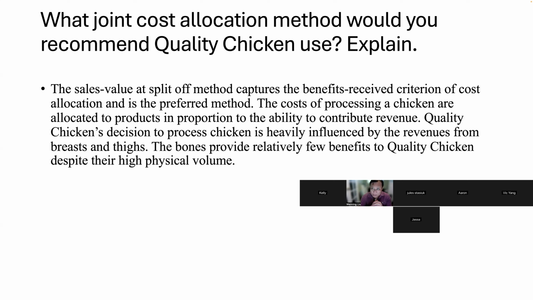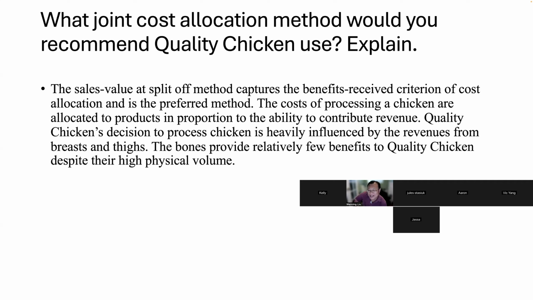So instead of going with physical measures, you should think about that certain parts will generate more revenue, therefore they should bear more cost. It's kind of like in this country, the rich people, or the people in the middle class, who make a lot of money every year, they pay more tax.